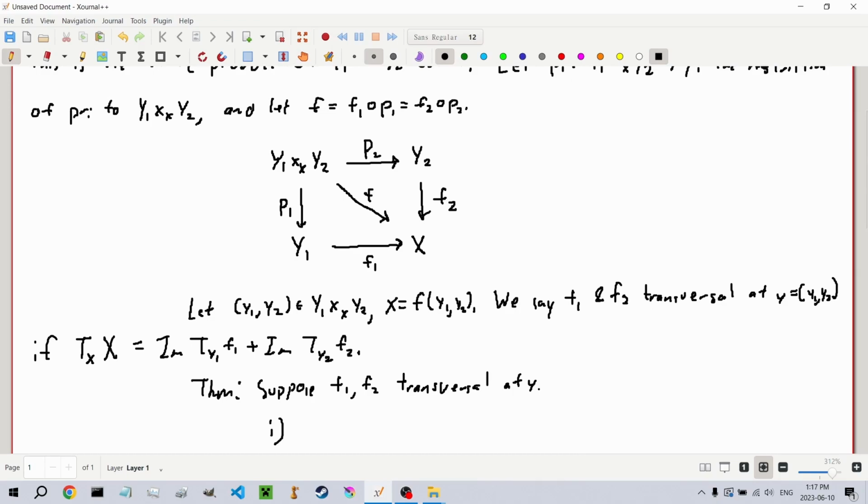First off, we can extend this transversality to all points in a neighborhood of y in the fiber product of y1 and y2.